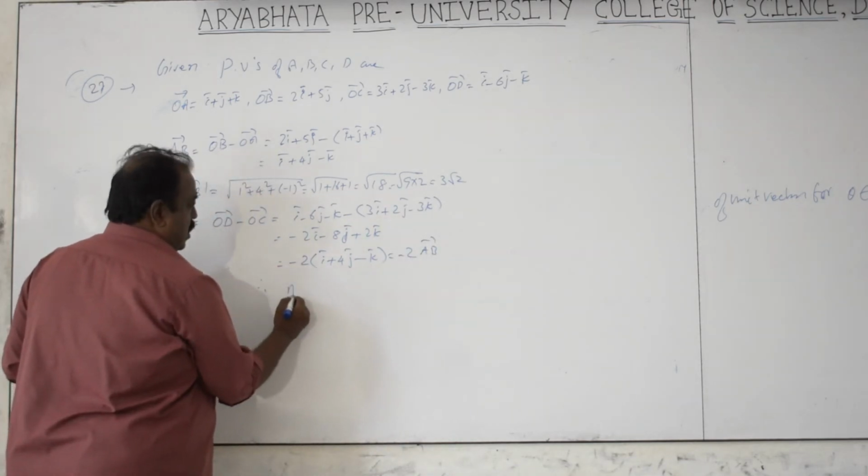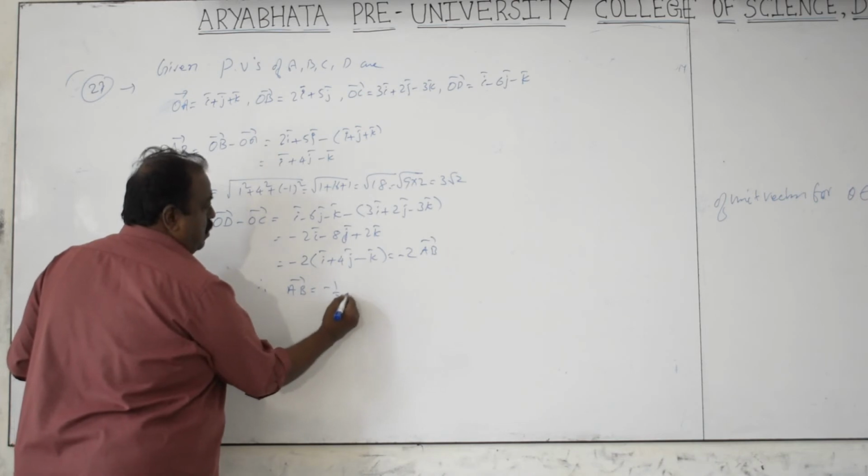Therefore, AB bar is minus 1 by 2 of CD bar.